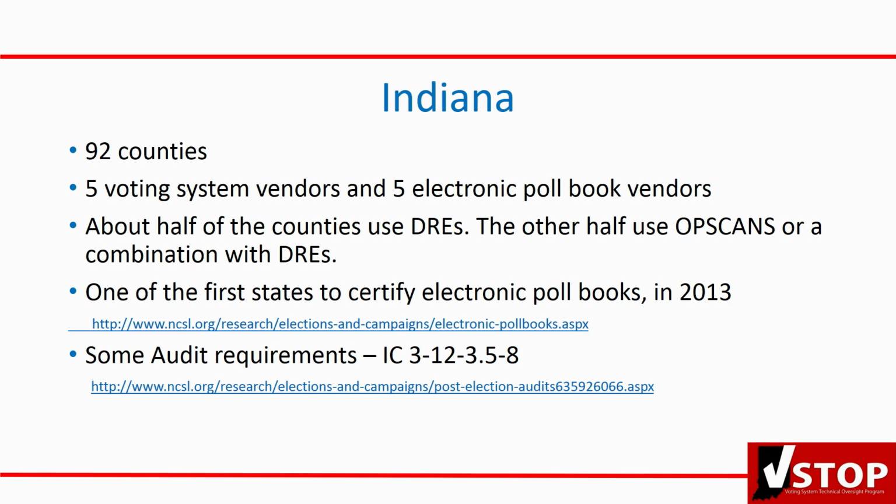One of those, in Indiana Code 3-12-3.5-8, says that you want to monitor the number of votes cast on a DRE and also the number of voters who checked in on an electronic poll book. You want to match those numbers, and if those numbers are not within a threshold, then that triggers some sort of an audit. So that came up in the 2018 legislation in Indiana, but nothing beyond that.